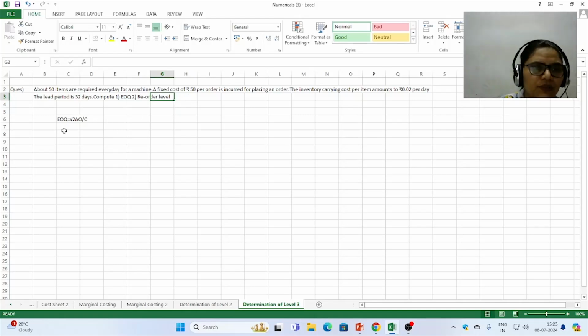EOQ, we all know, is the square root of 2 into annual requirement into order cost, divided by carrying cost.